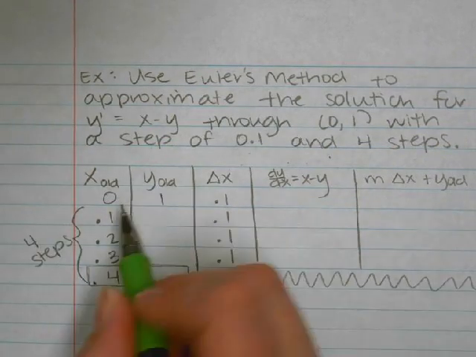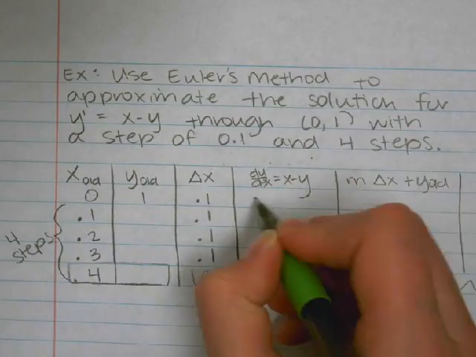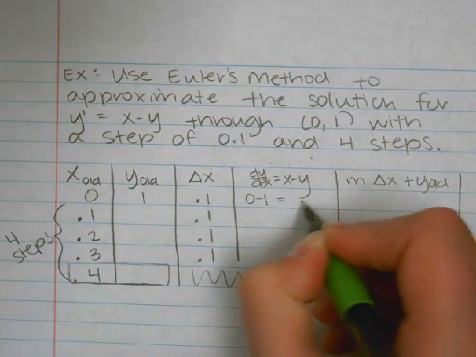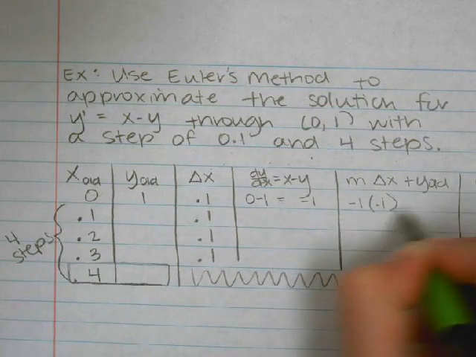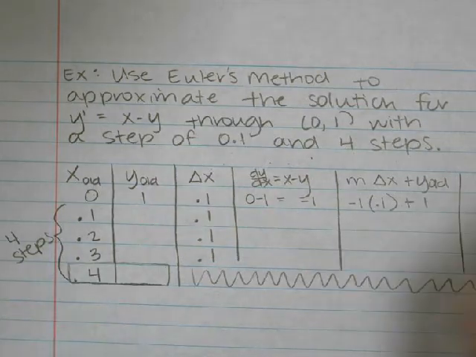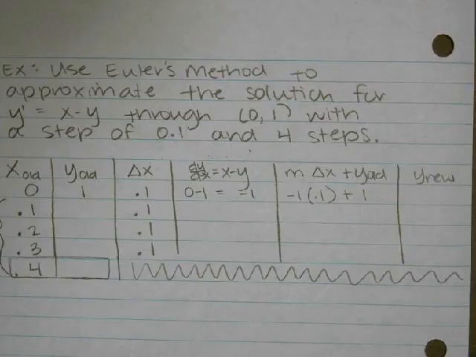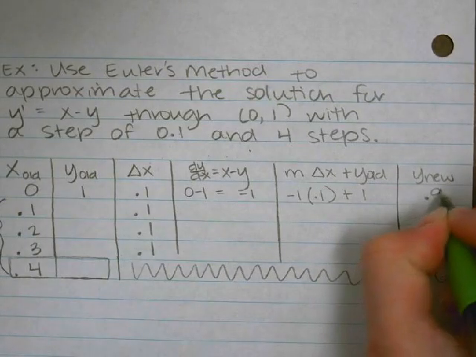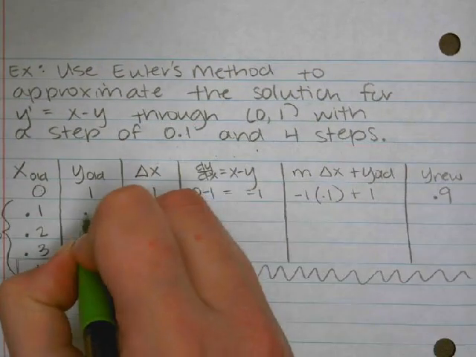All right, so 0, 1. If I'm looking for my slope, I have to do x minus y, which is 0 minus 1 equals -1. Then I do that slope times the change in x plus the old y value. So I've got -0.1 plus 1, which is just 0.9. All right, so my new y value is 0.9.